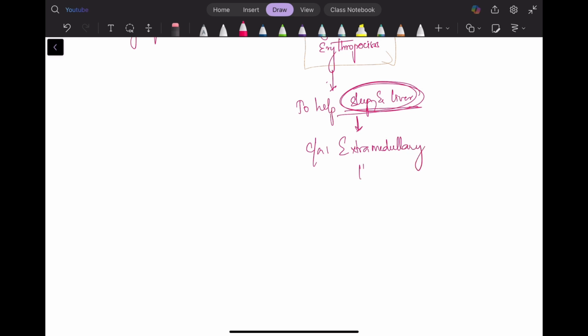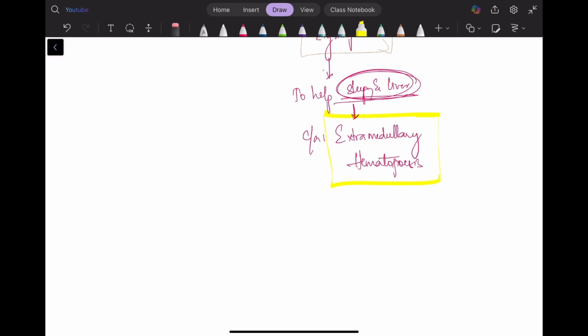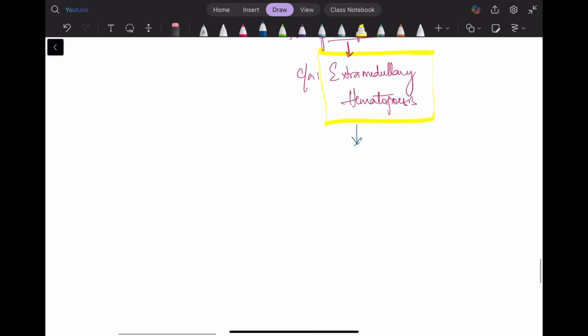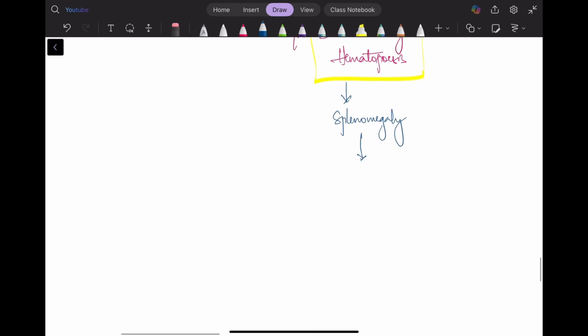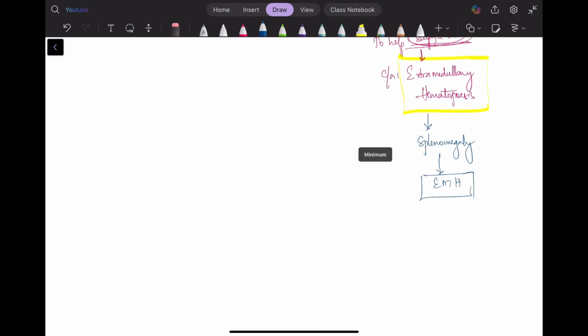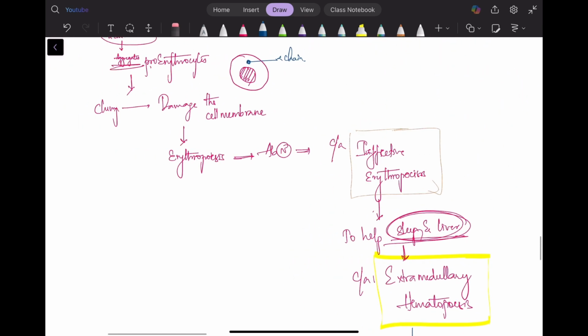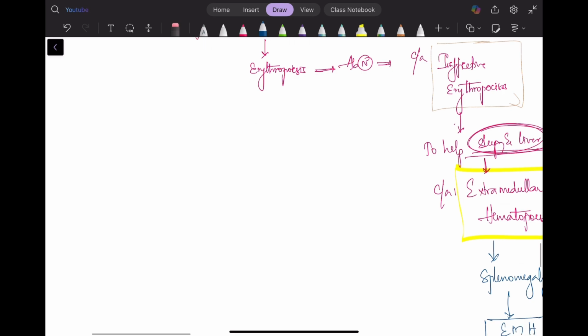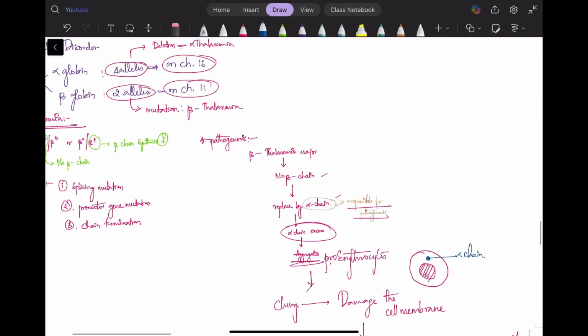Extramedullary hematopoiesis. Very important. The spleen and liver start to produce. Then splenomegaly, which leads to extramedullary hemolysis. Okay, this is your pathogenesis. We'll revise it well so that it won't leave any doubts.